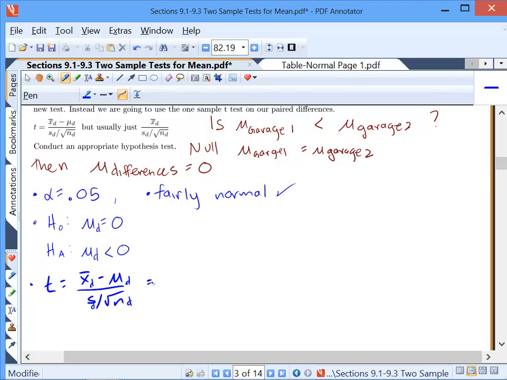What was the mean for our samples? Negative 0.8 minus my hypothesized mean of the differences, which is 0. The standard deviation was 503, and the square root of the sample size, if I remember right, is 7.